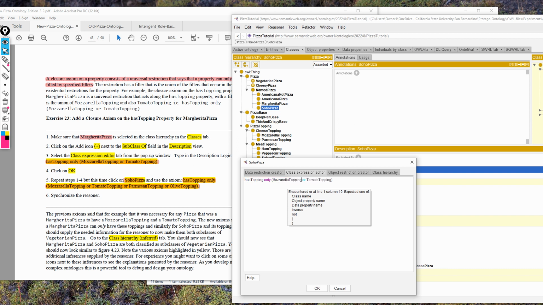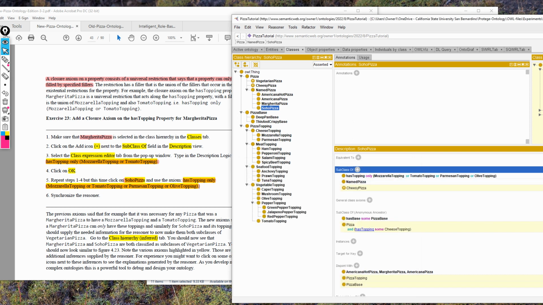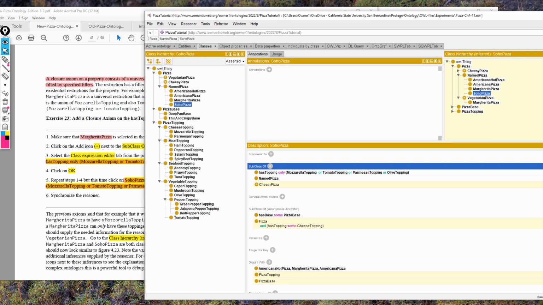Mozzarella topping, right? Or the tomato topping, or the Parmesan topping, or olive topping. Okay. And you know that they are all either vegetable or the cheese topping, right? So it should be classified as the vegetarian pizza, right? Okay, so now let's just run.